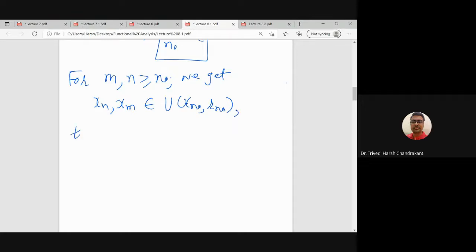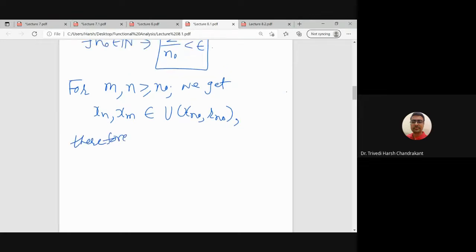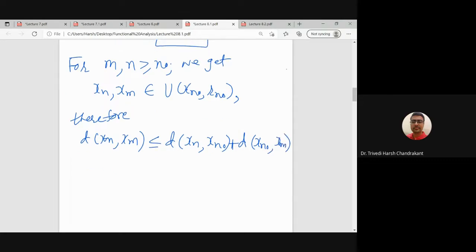Using this we get the distance of xn with xm. We want to show it is a Cauchy sequence. So this is less than or equal to, we compare the distance with xn0. First we use the triangle inequality of the metric, and then we know that the distance of xn with xn0 is less than or equal to rn0. Similarly, the distance of xm with xn0 is less than or equal to rn0.